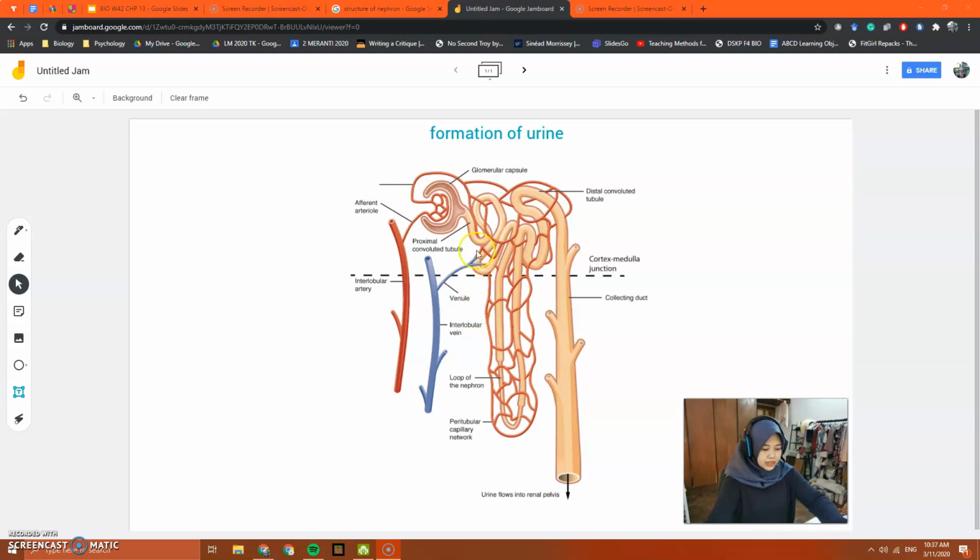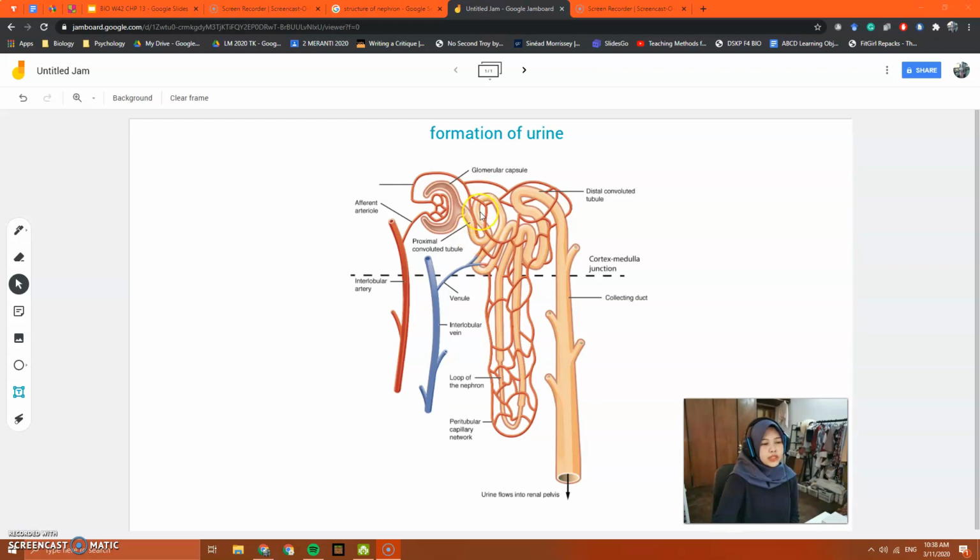Okay, so you gotta remember that the process of reabsorption does not occur all through simple diffusion. It occurs through different types of processes. It can occur through active transport, osmosis, or it can also occur through simple diffusion.